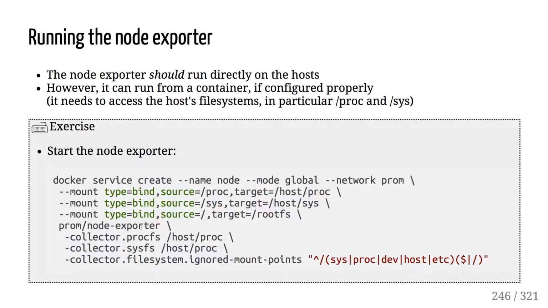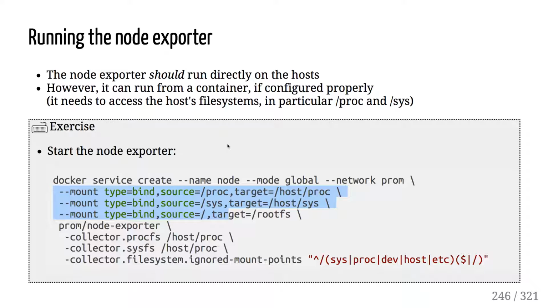If we break that down, we're saying, okay, I want to create a service called node, like node exporter, global, so it will run everywhere. It will be in the Prometheus network, and I'm going to bind mount a bunch of host file systems to the container. Specifically, I'm going to expose /proc and /sys because they contain all the information that the node exporter is using.